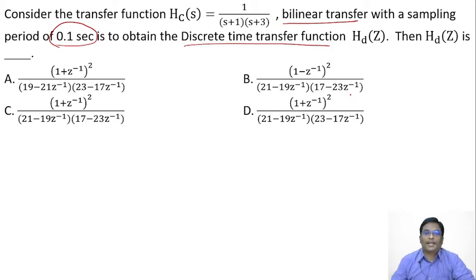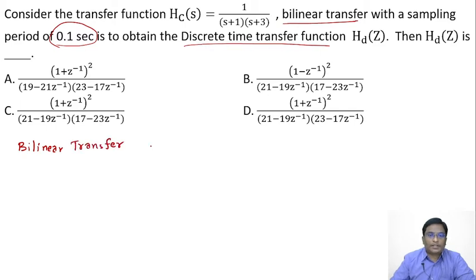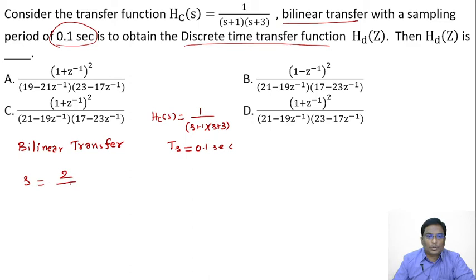Okay. This is a bilinear transform. What is given? They gave HC of S, some function 1 by S plus 1 into S plus 3. And they gave the sampling period as 0.1 seconds. In this bilinear transform, in place of S, what will we place? 2 by the sampling period into 1 minus Z inverse by 1 plus Z inverse.